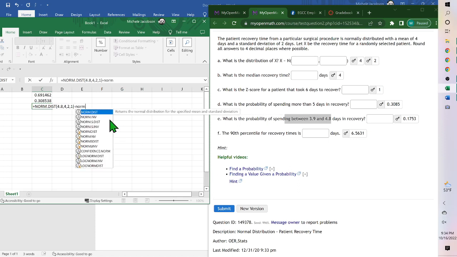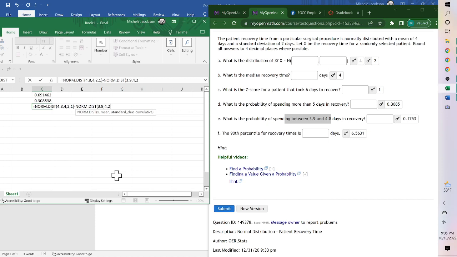Norm distribution, and then 3.9, comma the mean, comma the standard deviation, comma 1, close parenthesis, and hit enter. And there's your value, 0.1753.